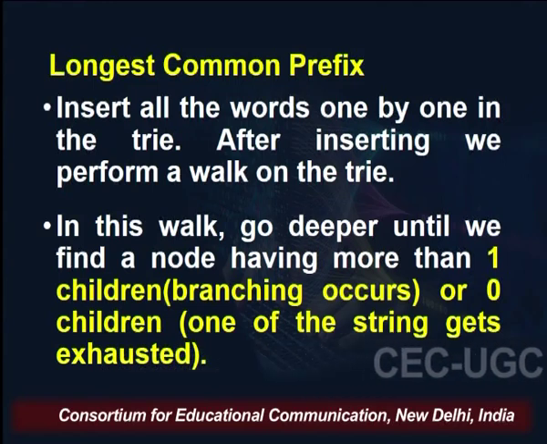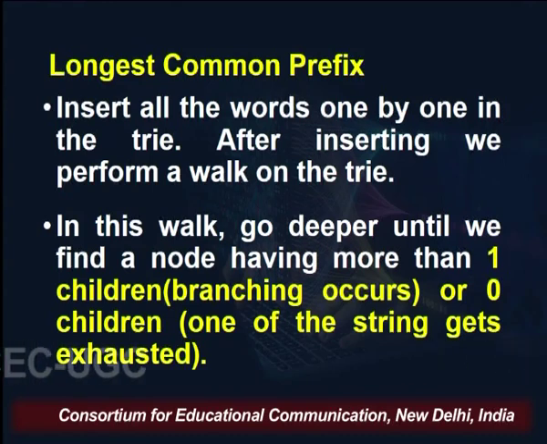That means either one of the strings gets exhausted, or we are having a branching. So, either a branching occurs or the exhaustion of a string is available. We will go deeper, and the length of that particular path is going to give us the longest common prefix.